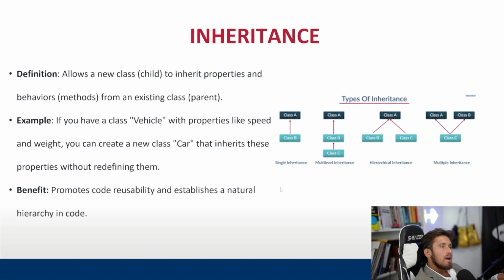So in this case, we have new classes that we can create that will inherit the properties of that parent class. So if you have a vehicle, we used this example before, with attributes like speed and weight, you can create a new class called car, and these properties will be inherited by the car, because we know a vehicle could be a truck, could be a bus, could be a car, and we know that a car will have the same properties and attributes as the vehicle.